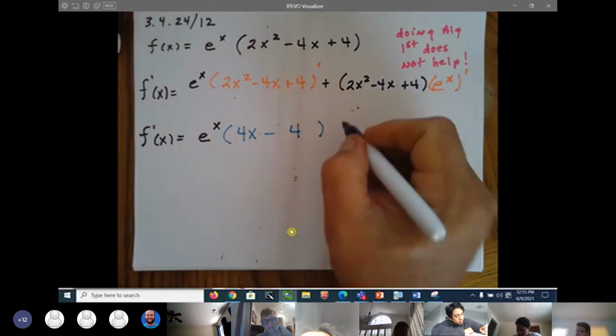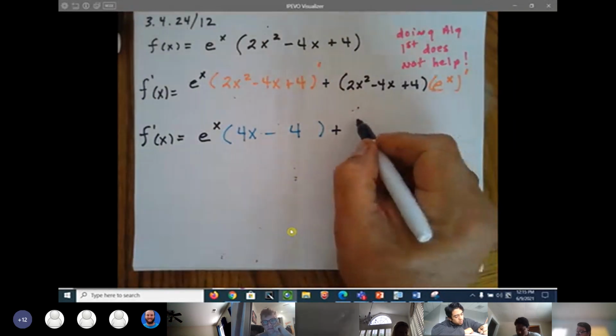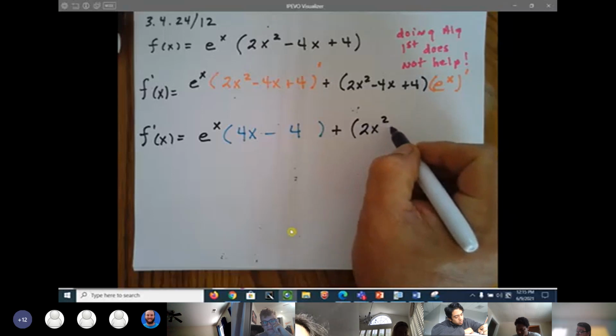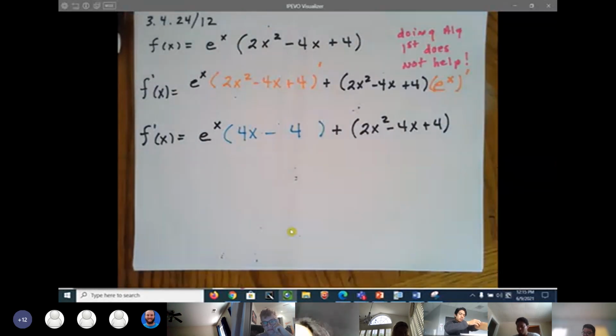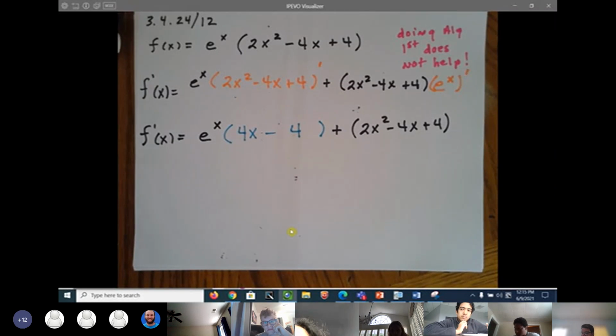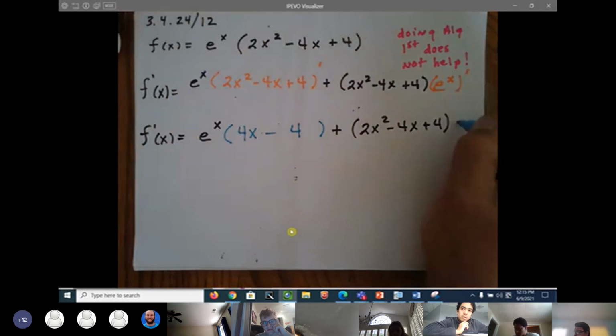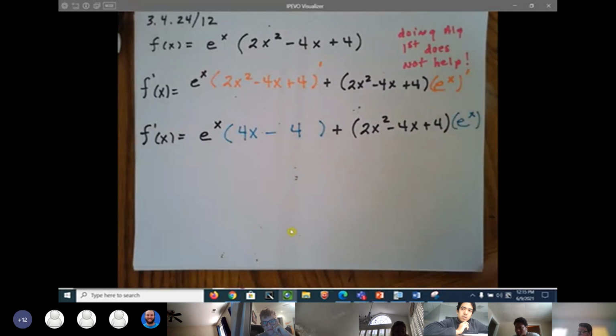Plus the second times the derivative of the first, and the derivative of e to the x is e to the x.